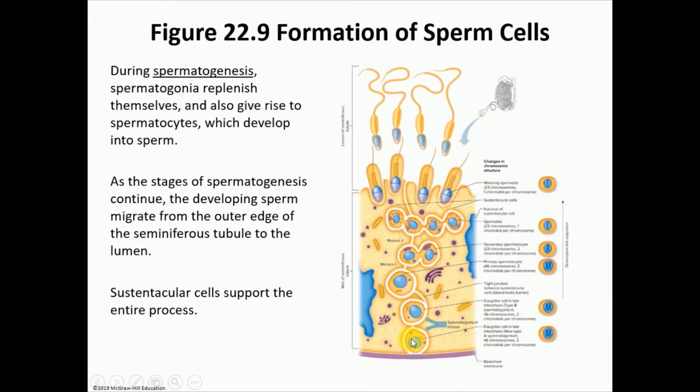So the very first steps, like the spermatogonium and the primary spermatocyte, those are going to be closer to the basement membrane. But the further away from the basement membrane you get, the further down the road you are in the process of spermatogenesis. And you'll find here that throughout this whole process, everything is being supported by your sustentacular cells.